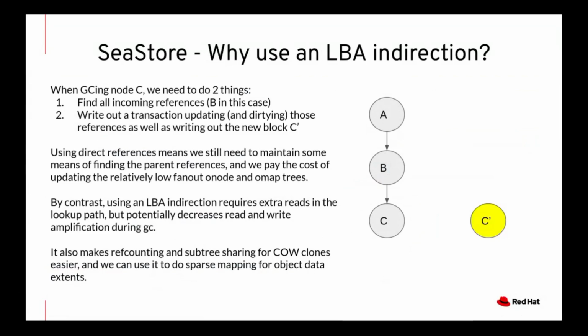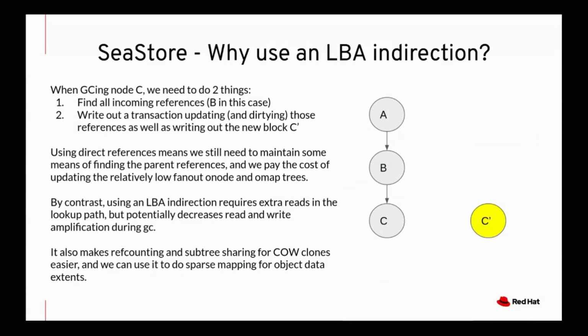We would first need to find all incoming references, which could be expensive without a secondary structure. And then we need to write out a transaction updating and dirtying those references, as well as writing out a new block C prime. Using direct references means that we would need to maintain some way of finding the parent references. In ButterFS, I'm forgetting the name of the structure, but there's a structure for it.